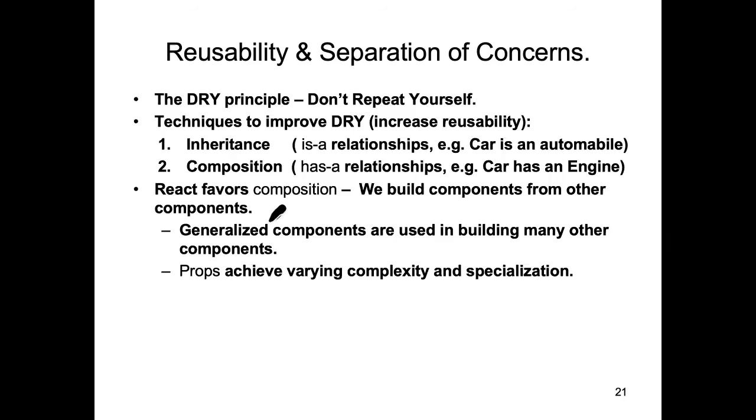We know props can be data, but we also know now that we can pass functions in as props to a component. So we're essentially passing behavior into a component. The generalized component may expect to receive function props to flesh out what that component does for any particular use case.